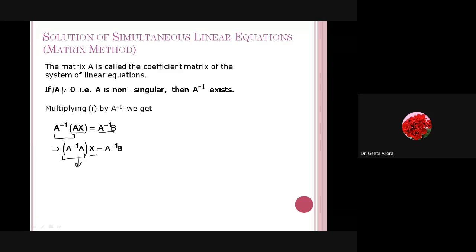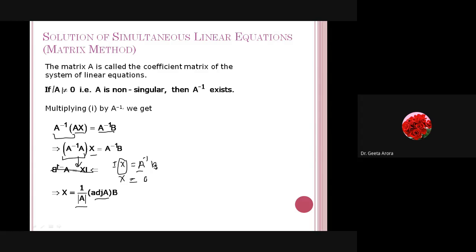That identity comes as a result of the product of A inverse with A. So what we get is I into X is equal to A inverse into B. From here we can write X, because X is the unknown to be obtained, and we know identity into X remains X. So X is equal to A inverse B, and we know how to find A inverse. A inverse can be written as adjoint A divided by determinant of A.